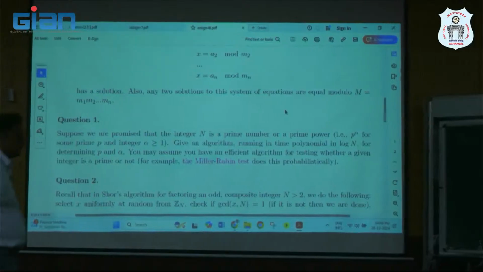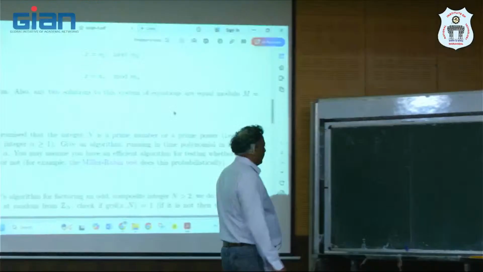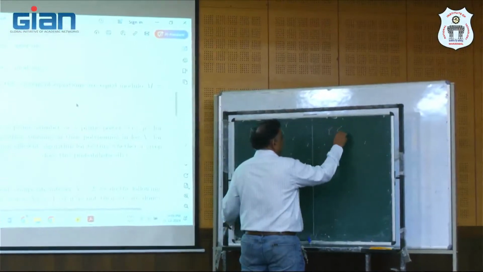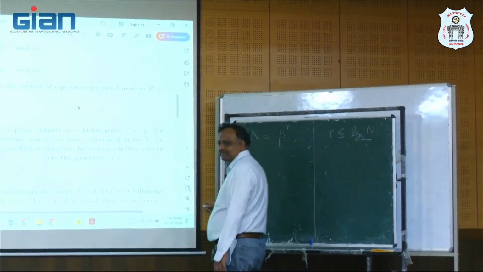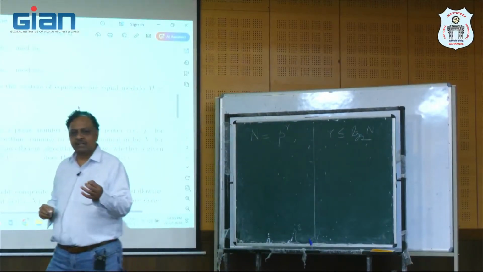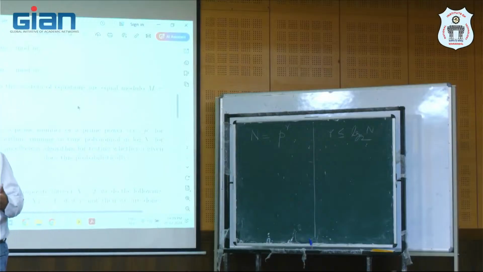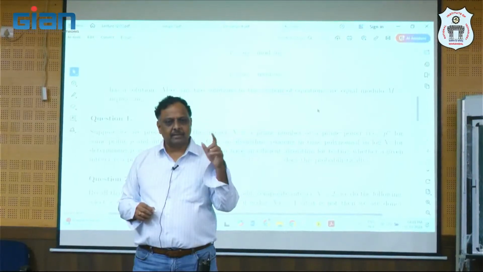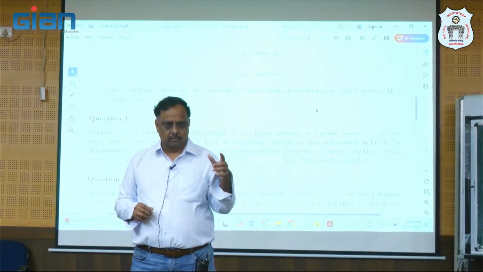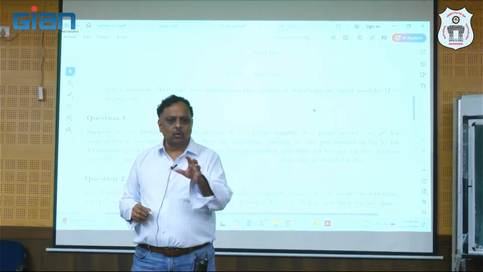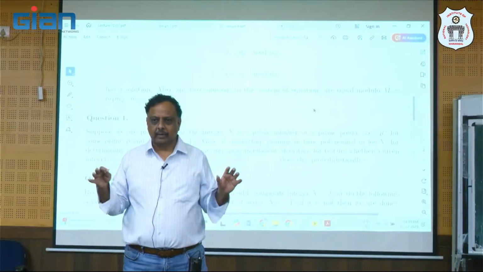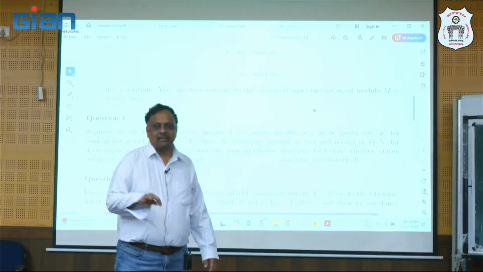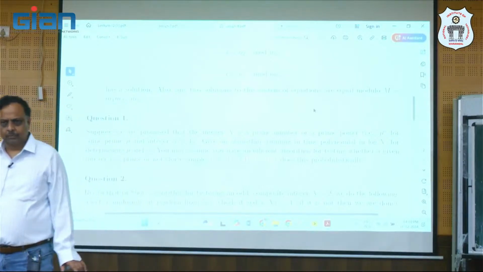You see, R can be at most log n, correct, because p is at least 2, it is a prime. So you are doing p to the R, that means R is log n to the base p, which is less than or equal to log n to the base 2, because p is greater than or equal to 2, agreed. So it has to be log n at most.